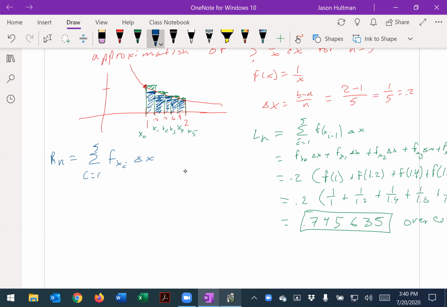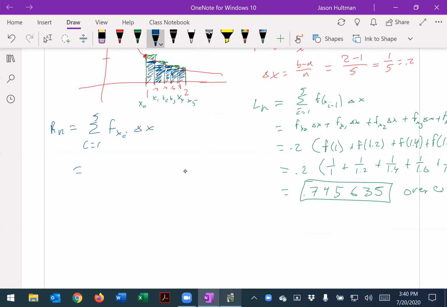And so we're going to use 0.2 times f of x1 plus f of x2 plus f of x3, plus f of x sub 4 plus f of x sub 5, right? I just factored out the delta x, so that's okay with you.